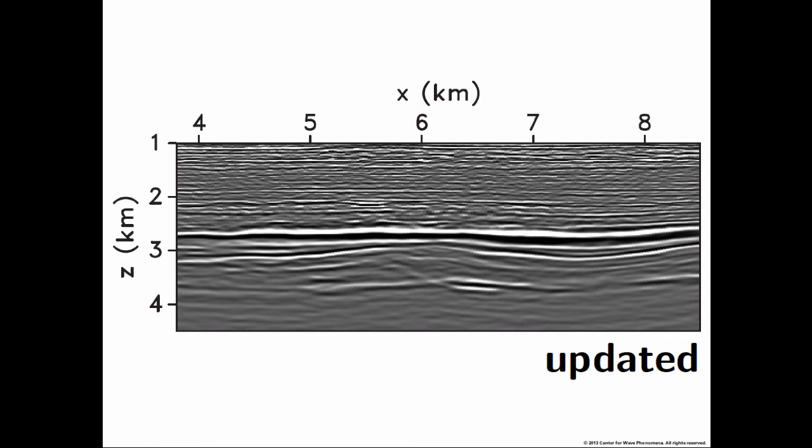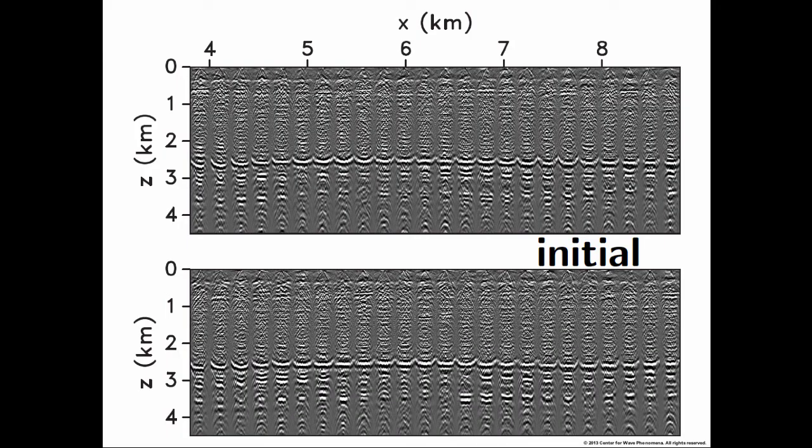So to assess the improvement in the image, we also construct the angle domain common image gathers. So here are two panels corresponding to the gathers at two different cross lines. The top panel is the gather extracted from one cross line, and the bottom is another cross line. And each small panel there corresponds to one individual gather at a particular inline location.